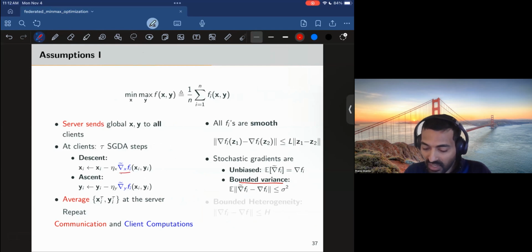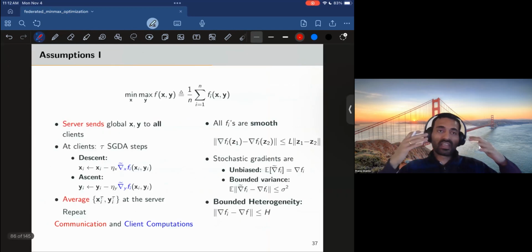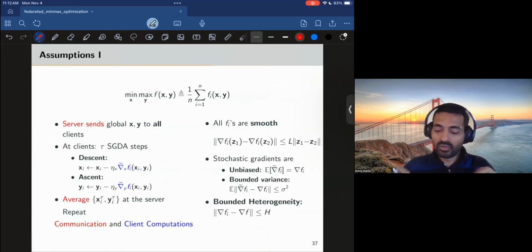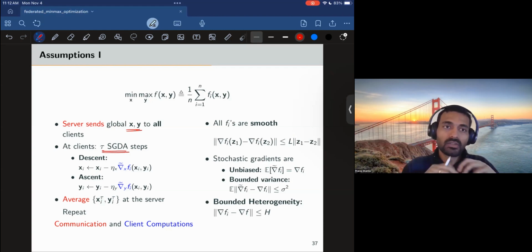So every stochastic gradient has a bounded variance relative to the actual gradient. And finally, because clients are carrying out multiple local steps, even though they start from the same X and Y, in the process of carrying out these multiple local steps, they will go far from each other, right? Therefore, we need some way to bound how far they go.